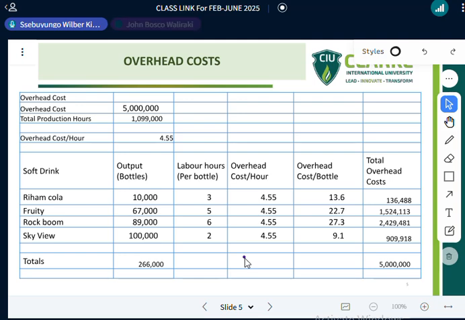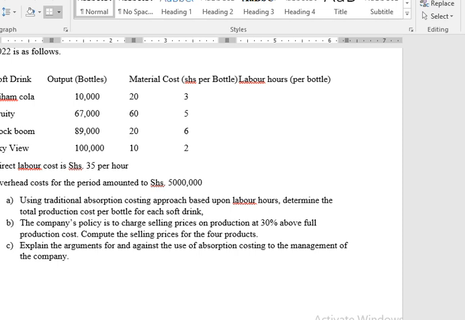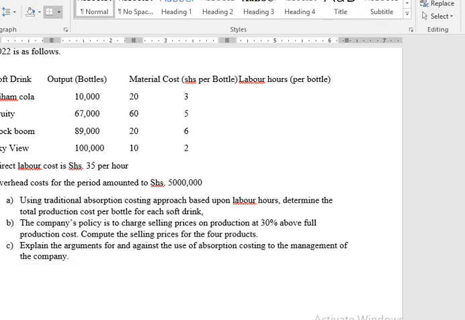Now we are having the other element of overhead costs. When we look at our question again, we are able to see that we have overhead costs for the period amounting to 5 million shillings. So that is our overhead cost for the period.